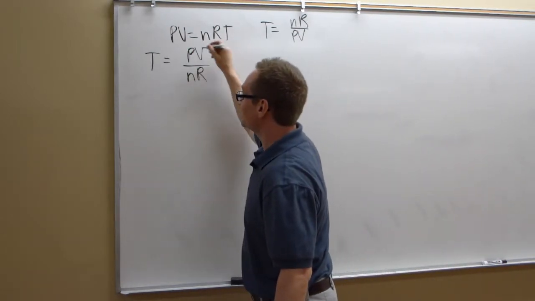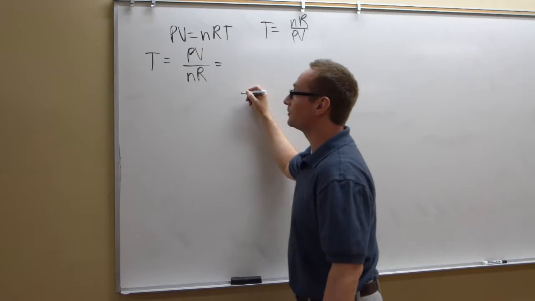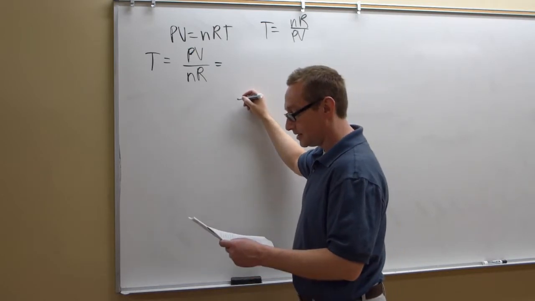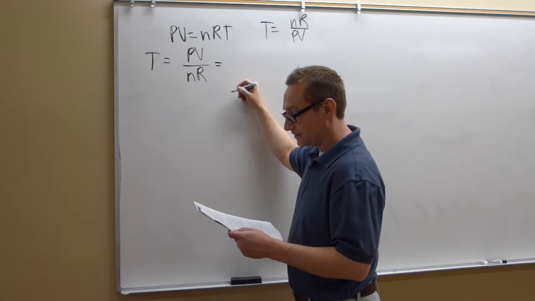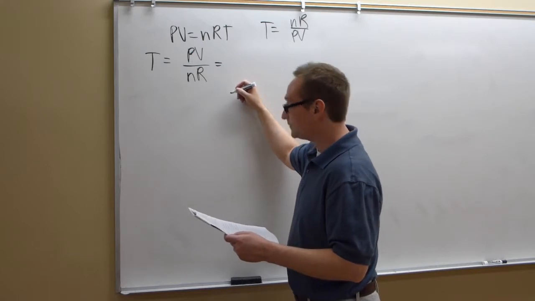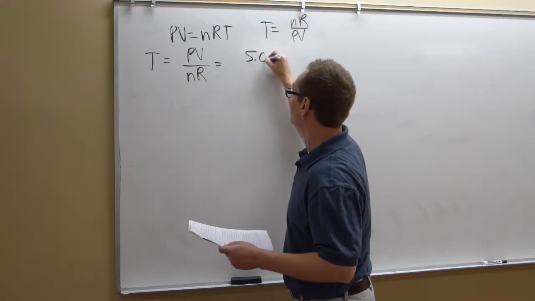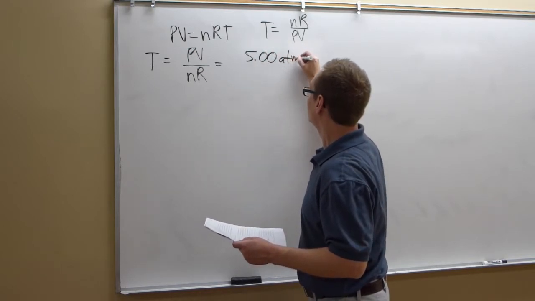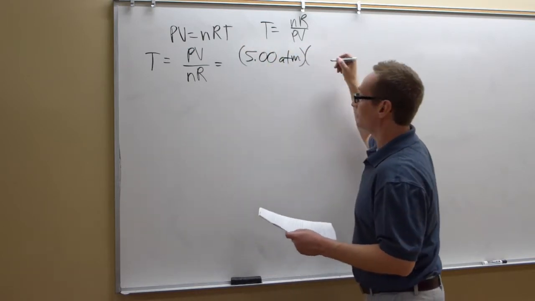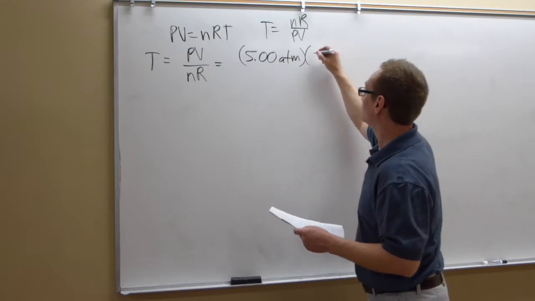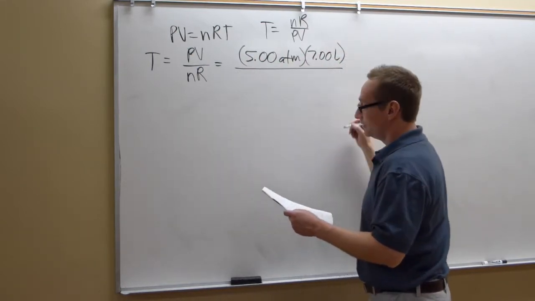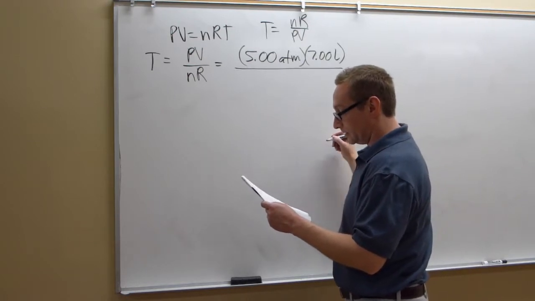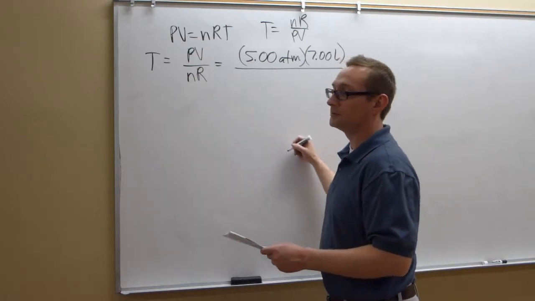Okay, so doing the math, it's just PV over nR, and then you plug in the numbers. P is 5 atmospheres, and we have a volume of 7.00 liters, and then we have our moles. How do we get our moles?